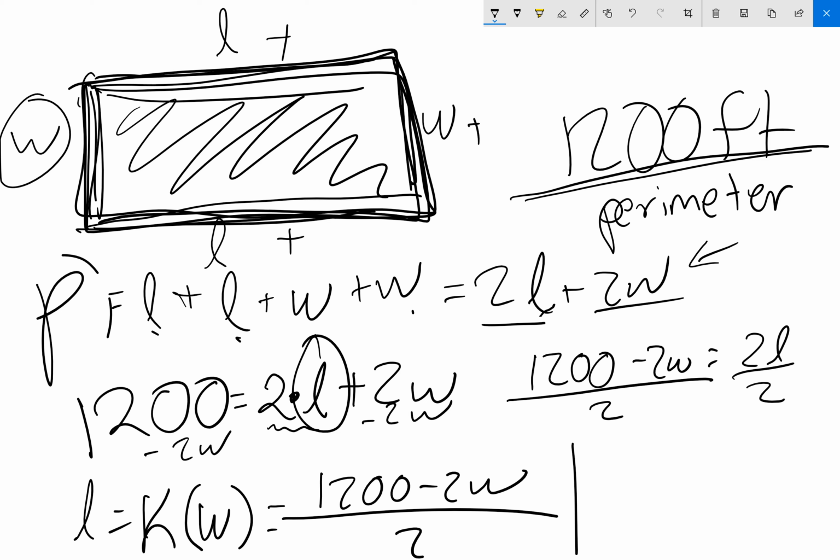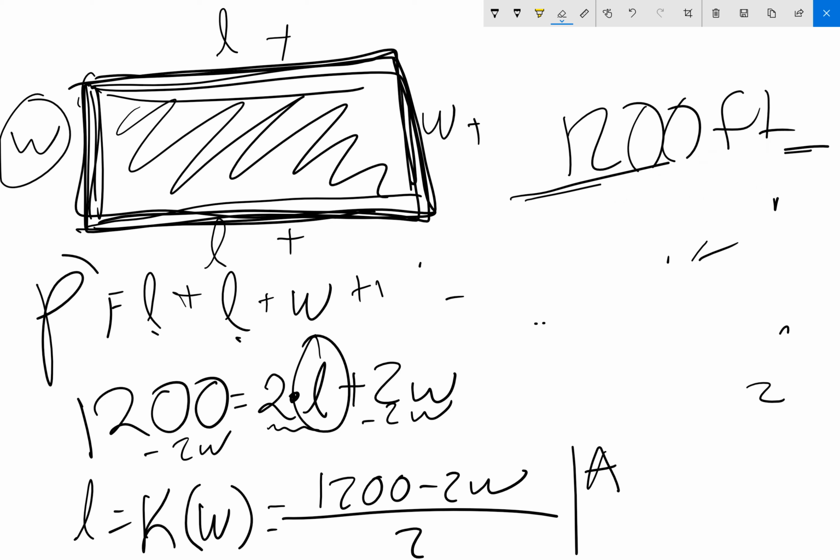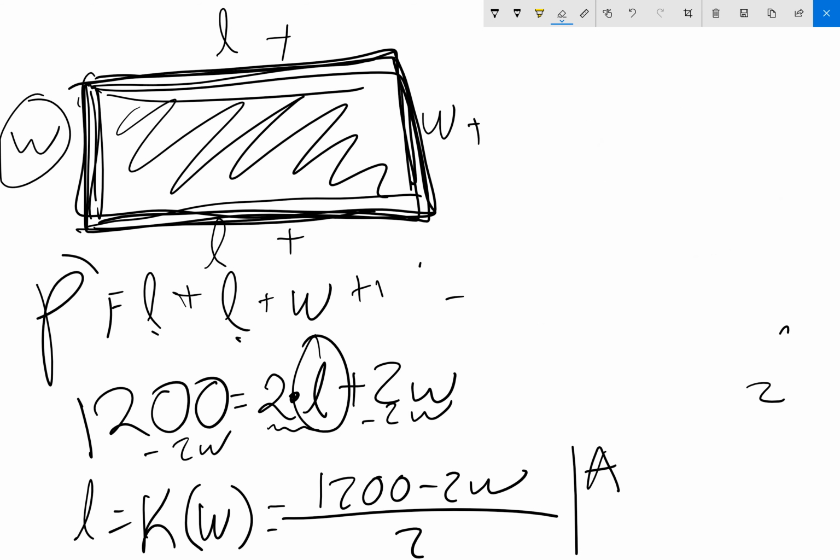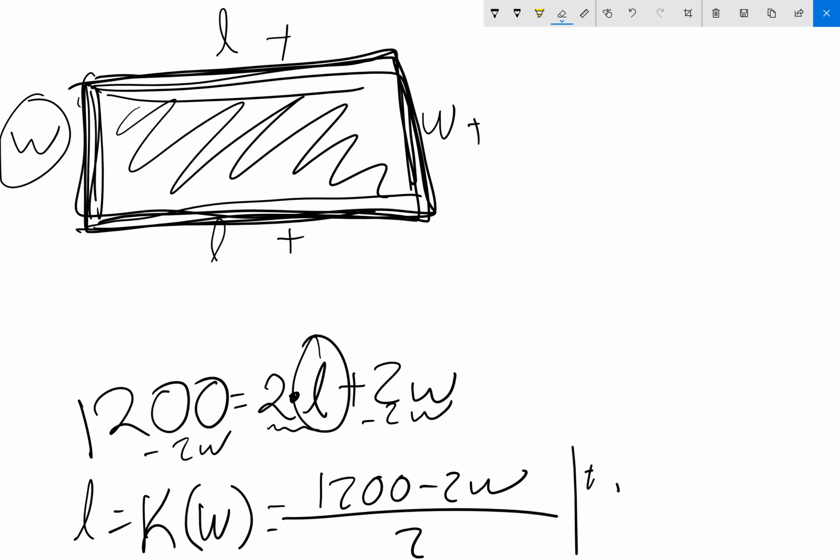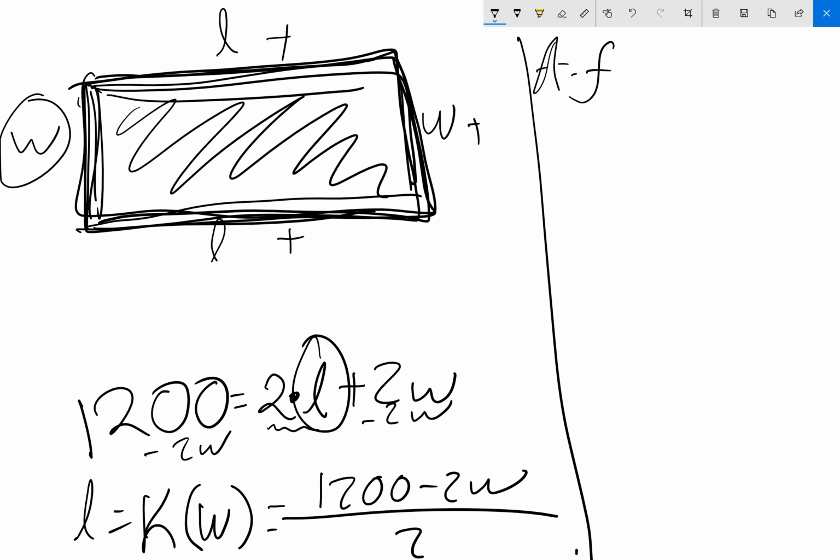The next question wants the area. Define a function f that expresses the area as a function of the width, right?